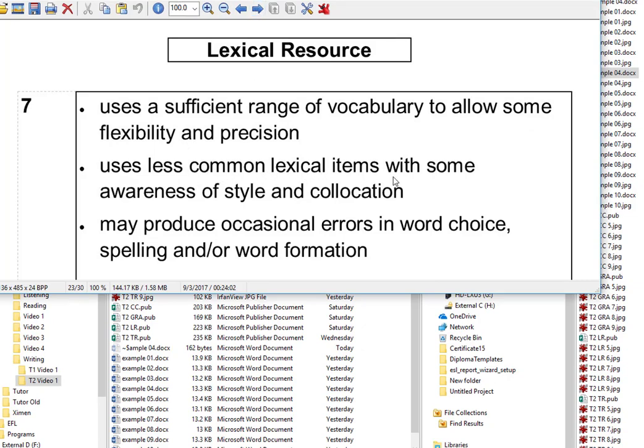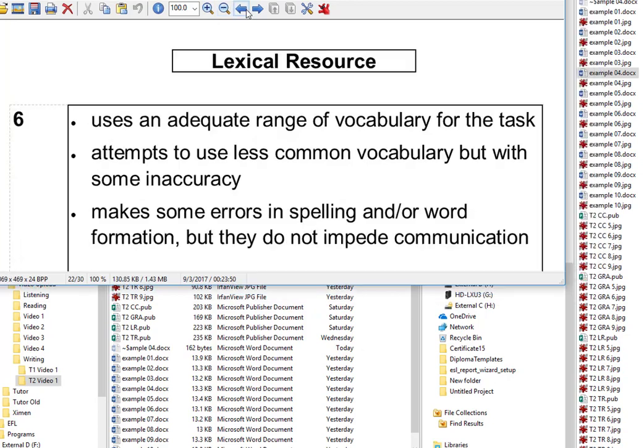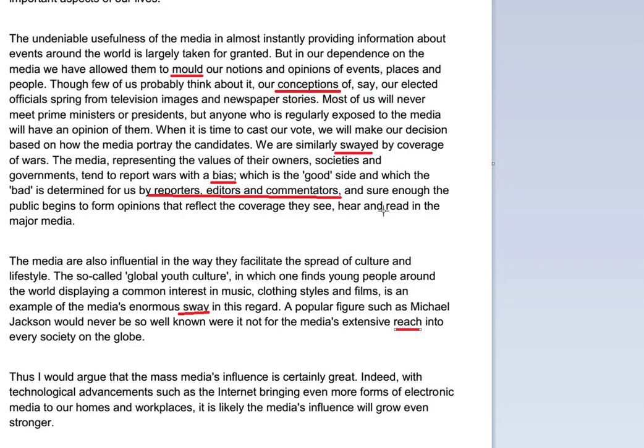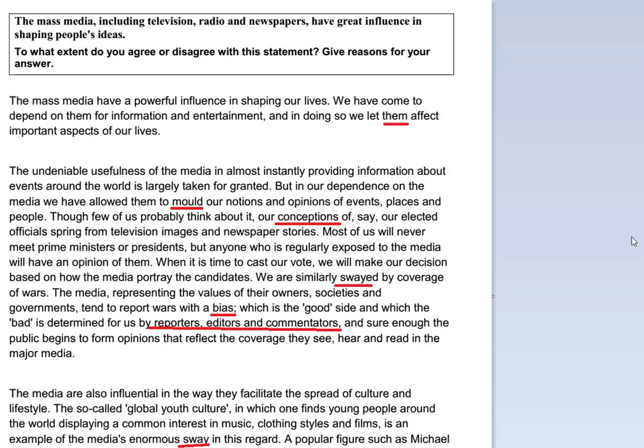Uses some less common lexical items with some awareness of style and collocation. Well, I don't think that's true. So remember, to get a 7, you need to meet all these requirements. I just don't think that's true here. An adequate range of vocabulary. Yeah, I'd say this is pretty adequate. Not too many errors. Definitely not a 5.